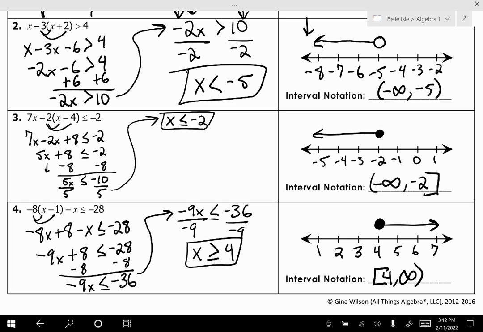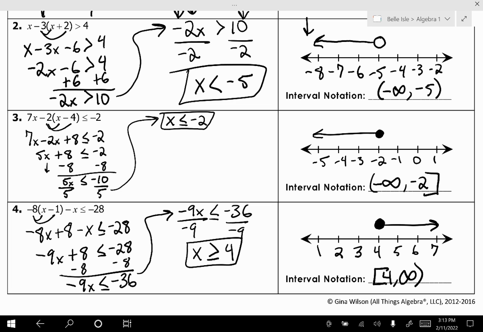Why did I flip the sign? Don't say because it's negative, because that's too vague. Be specific. Why did I flip the sign, Capri? Because before you got the answer, it was a negative number. Perfect. You had to divide by a negative number. You divided both sides by a negative 9, so you've got to flip your inequality sign.